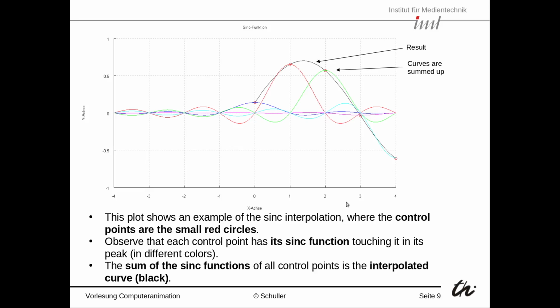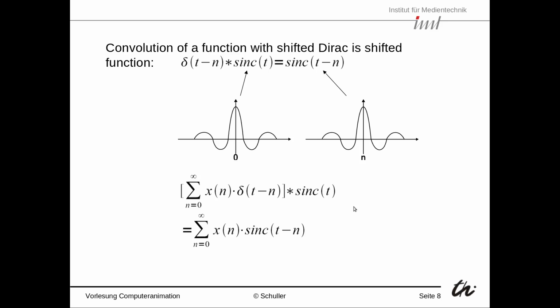So then we can use that for our formula here. Basically we plug it into our sum. So then this sum turns into this simplified sum, and we can see that we have sampling points or control points multiplied by the correspondingly shifted Sinc function.